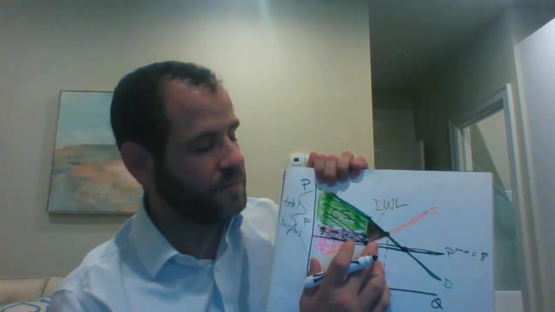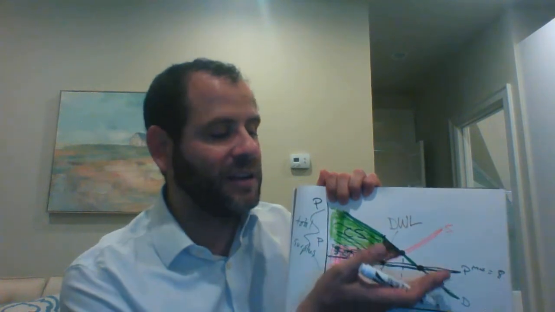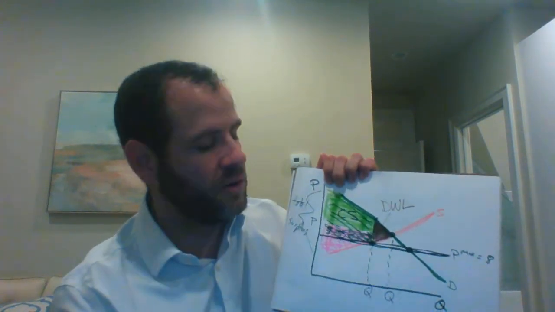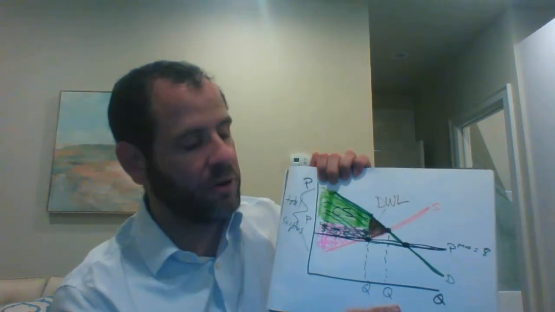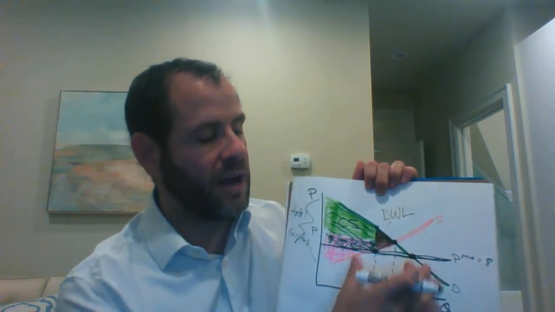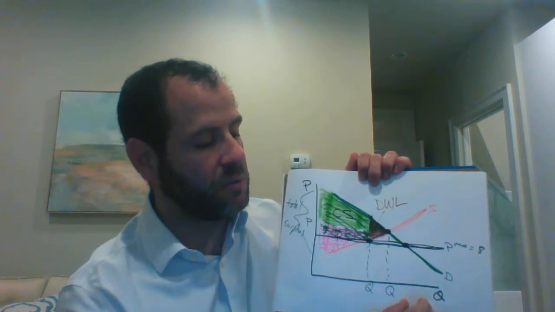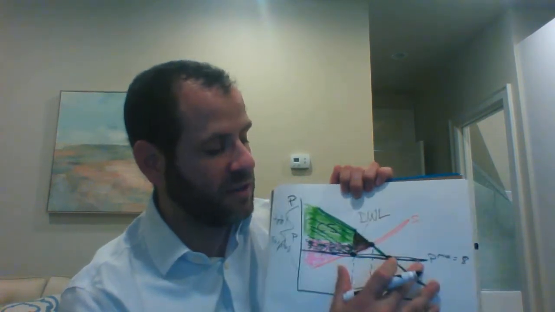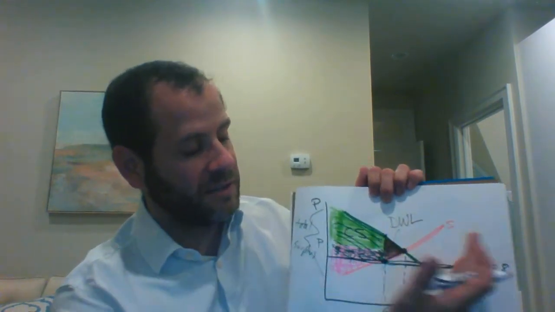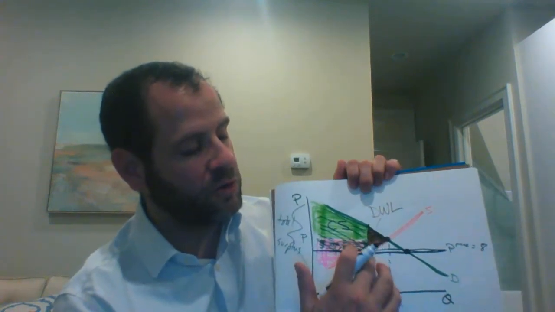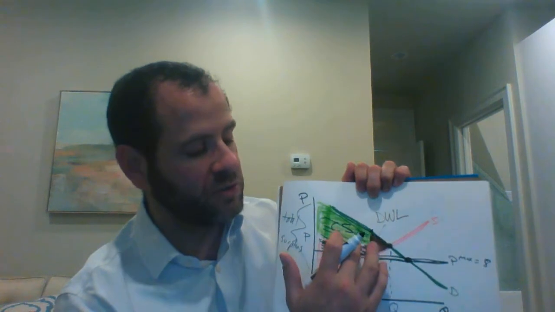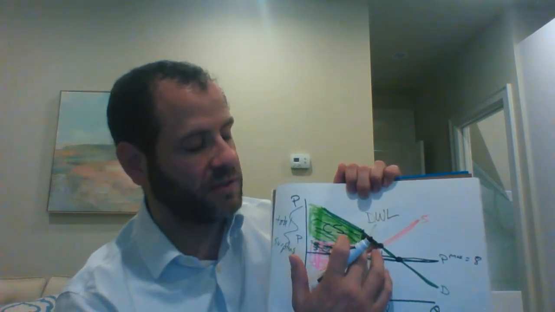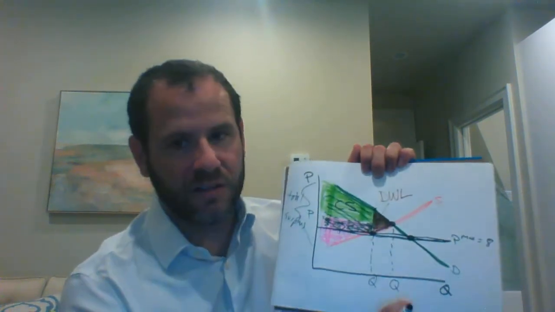market. So if we have a binding price ceiling like this one, where the max price is lower than what the equilibrium price would be, we're not allowing prices to go to equilibrium. So this government policy is actually causing fewer transactions to take place, and we're losing out on both consumer surplus and producer surplus, and we have this deadweight loss area.